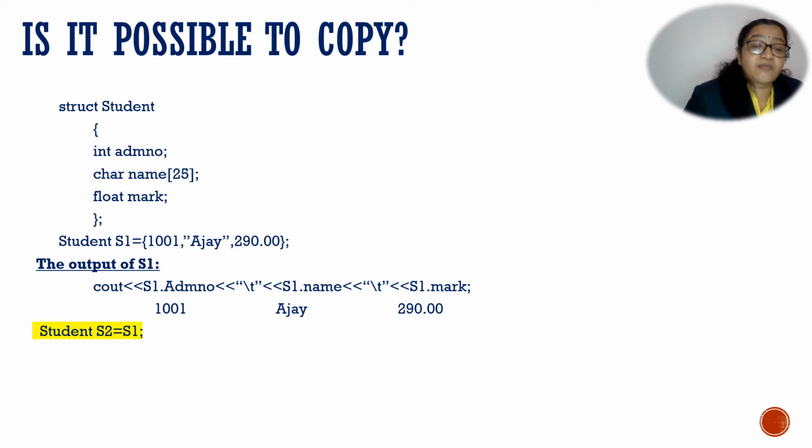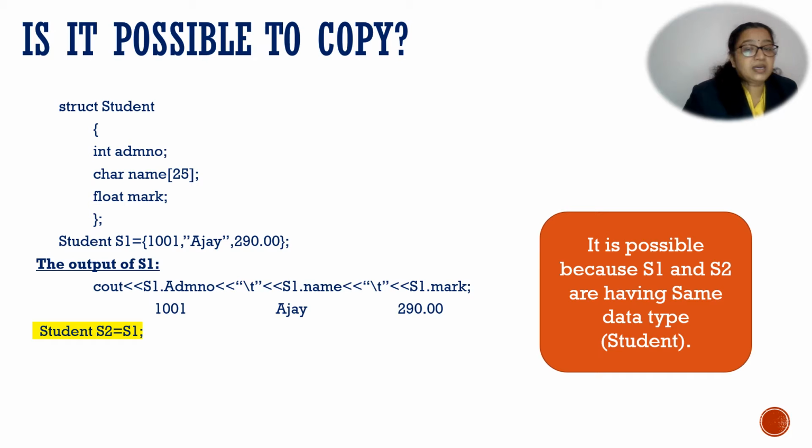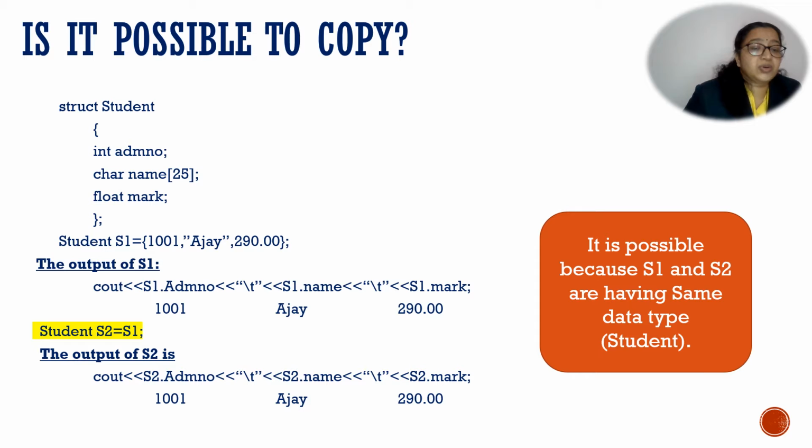So the existing variable will be copied to the S2 variable. It is possible because S1 and S2 have the same data type, that is student. Understood now? So the output of S2 is: S2 dot admission number is 1001, S2 dot name is Ajay, S2 dot mark is 290. Okay, clear?